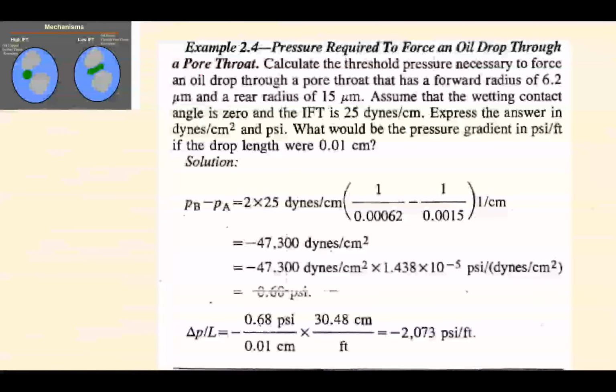Here you can see a typical problem: calculate the threshold pressure necessary to force an oil droplet, say this oil droplet that is trapped, through pore throats that have a radius of 6.2 micrometer and a rear radius of 15 micrometer, assuming the wetting phase contact angle is 0 and the IFT value is 25 dynes per centimeter.